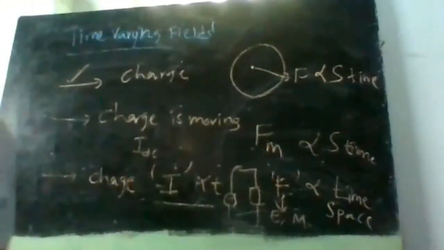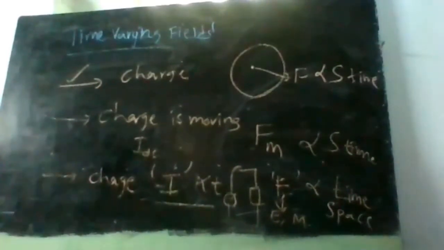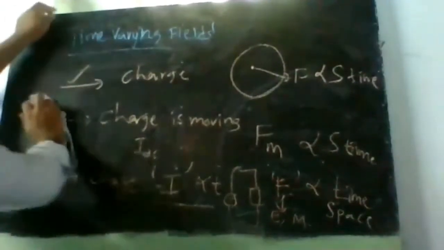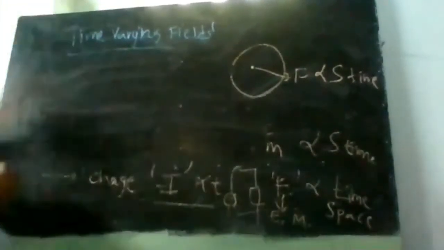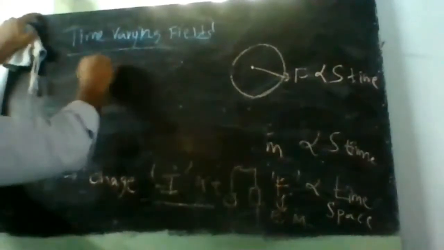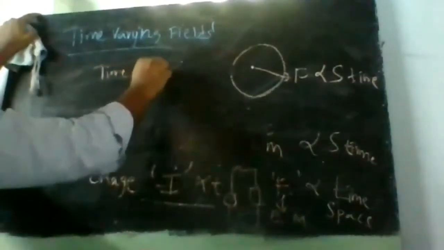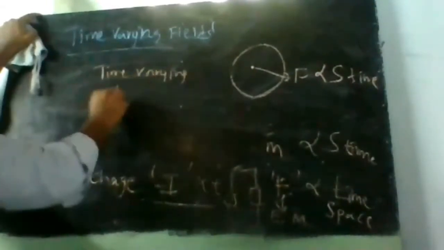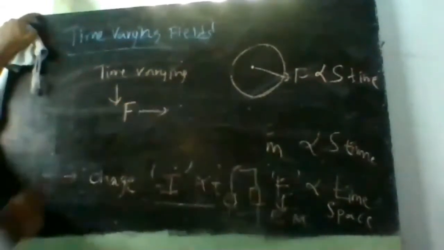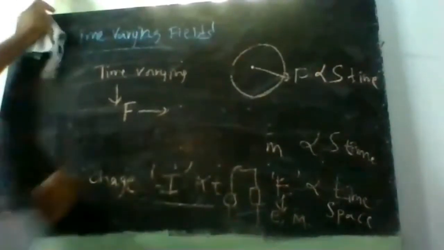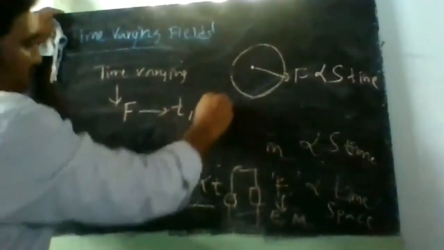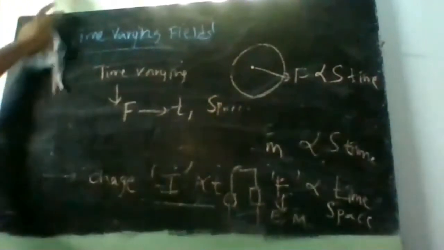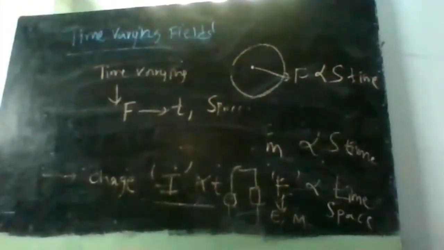So whenever we get time varying currents, the force that is produced is, first, a variable of time and a variable of space.